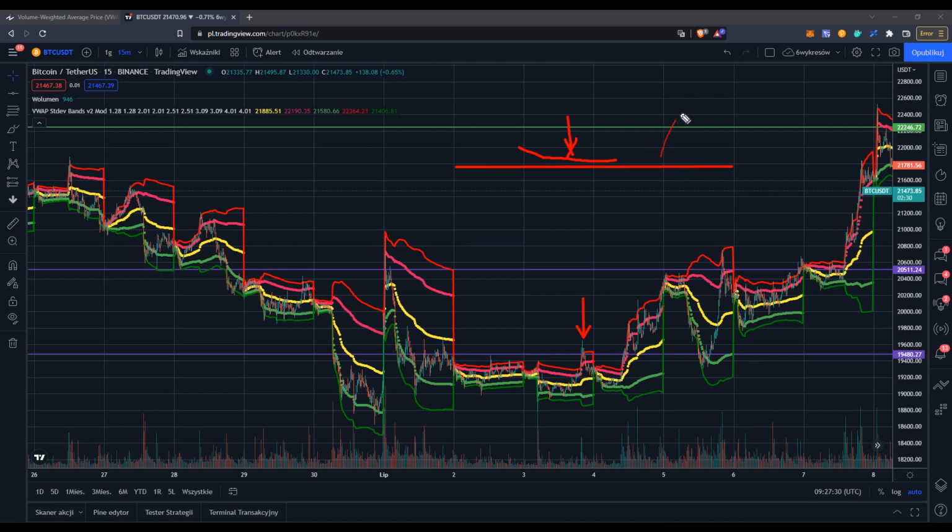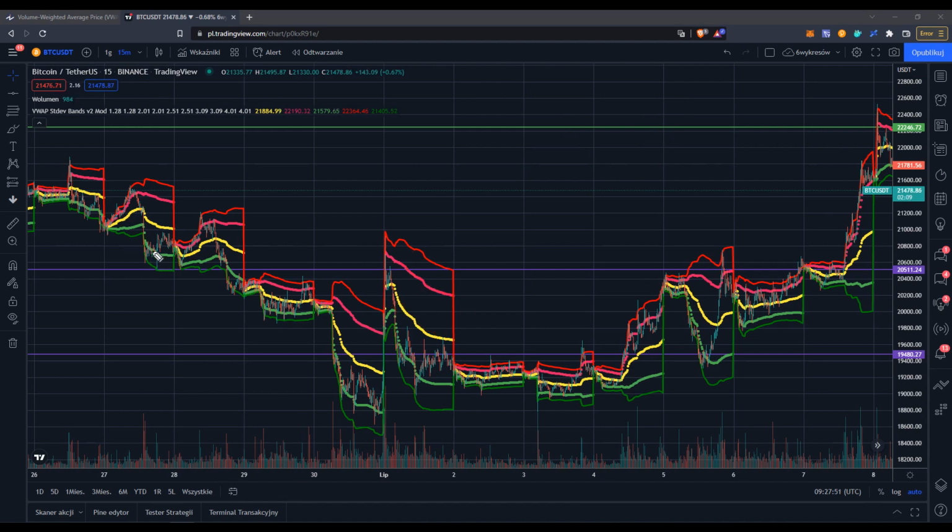In case of the demand, when the price is coming to that level from the high, it could work well as a demand. What we have here is a standard line over here, and we have deviations 1 and 2, right? So that's the setup I have on the chart.